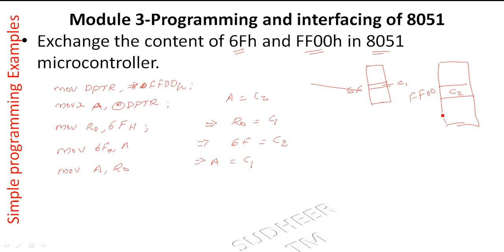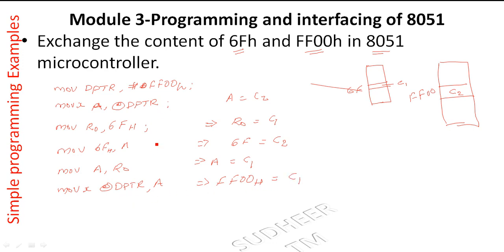That C1 we can transfer to the external memory using MOVX @DPTR, A. This makes F000H hold C1.